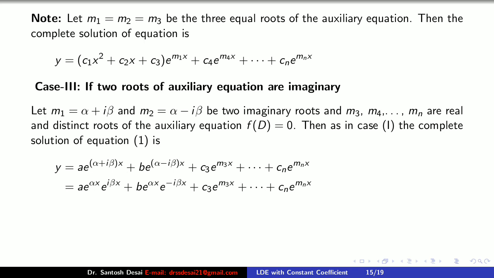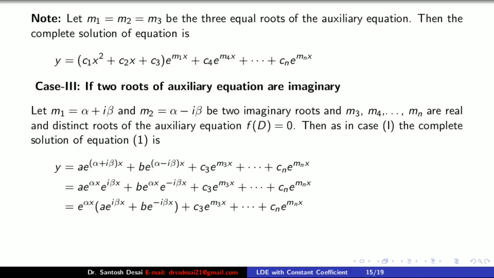Now from the first two terms, e^(alpha x) is common. So we get e^(alpha x) [a e^(i beta x) + b e^(-i beta x)] plus the remaining terms as they are. Now we know that e^(i theta) = cos theta + i sin theta.